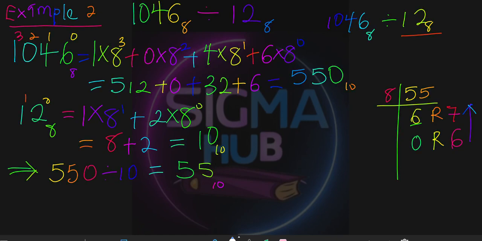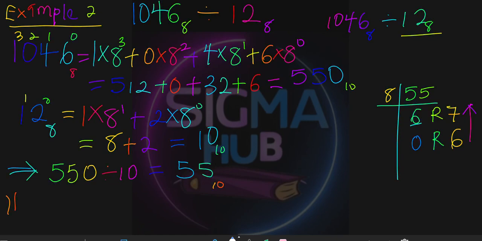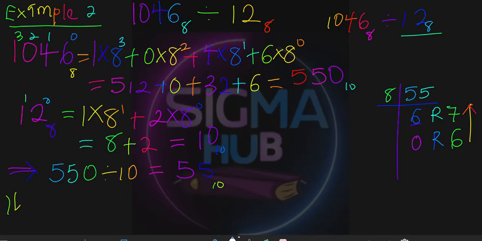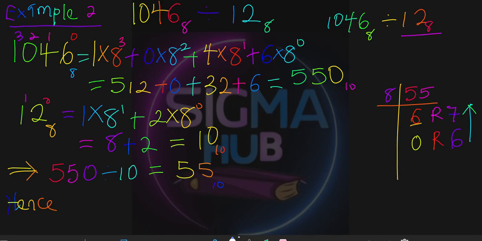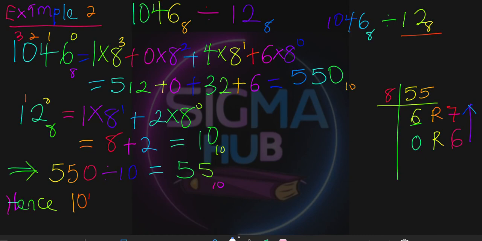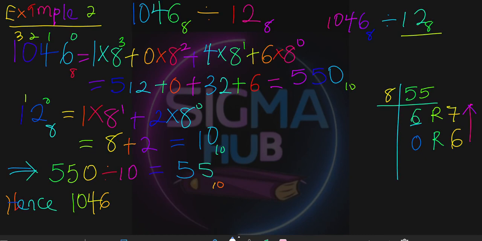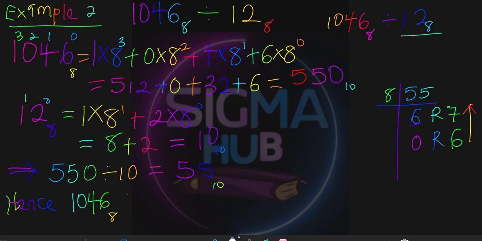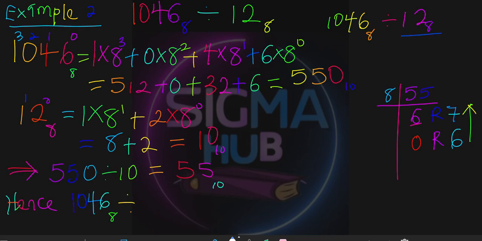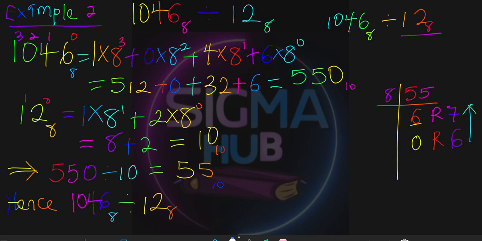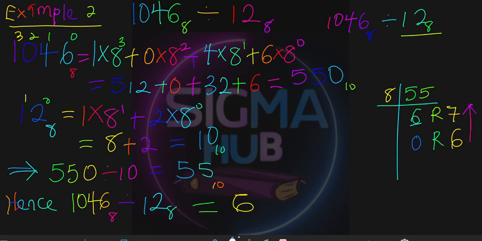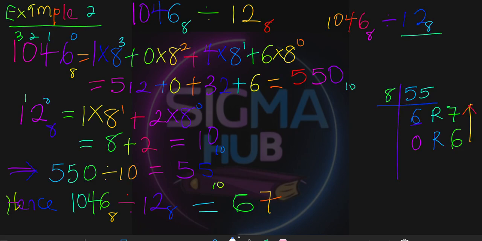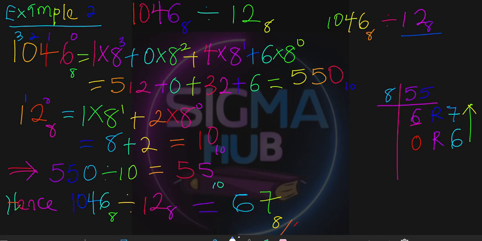So the final answer, hence we can see, 1046 in base 8 divided by 12 in base 8 is equal to 67 in base 8.